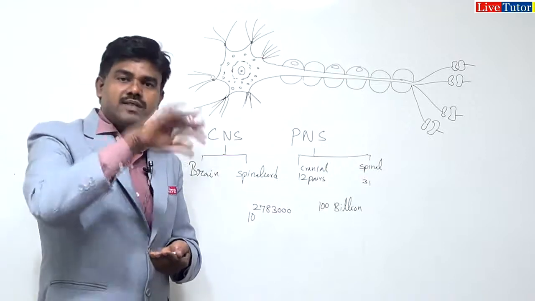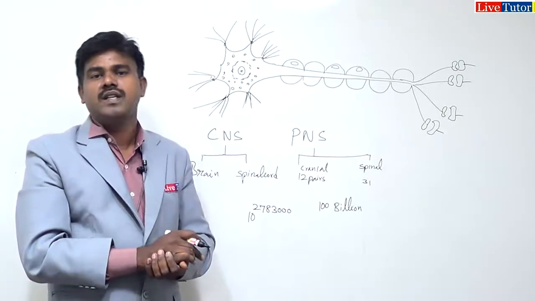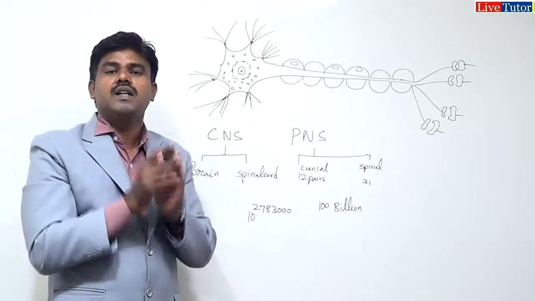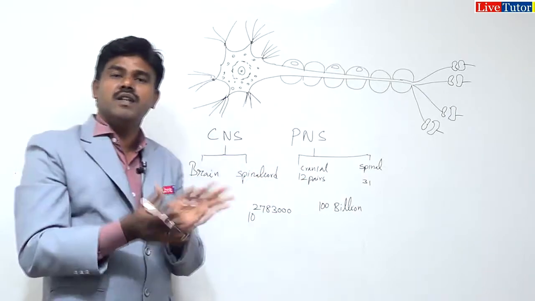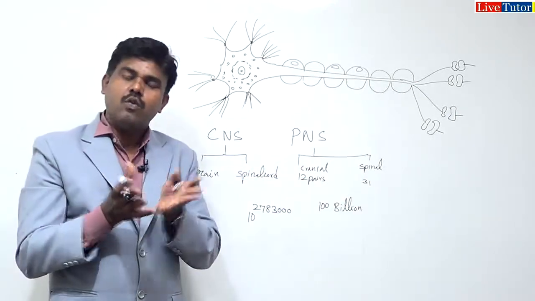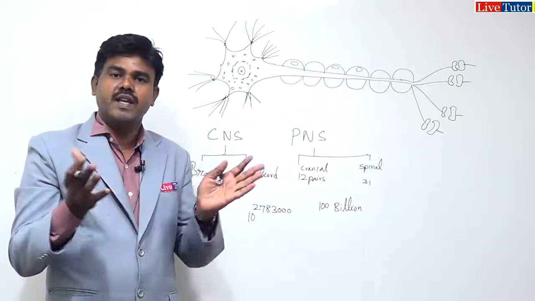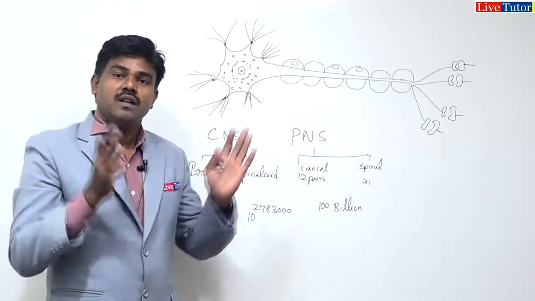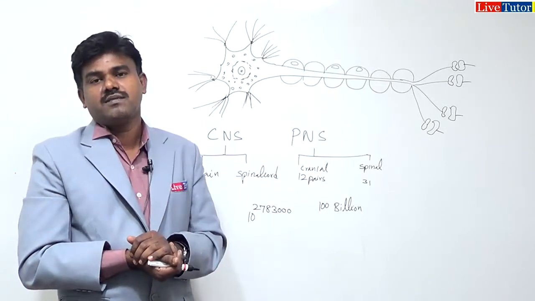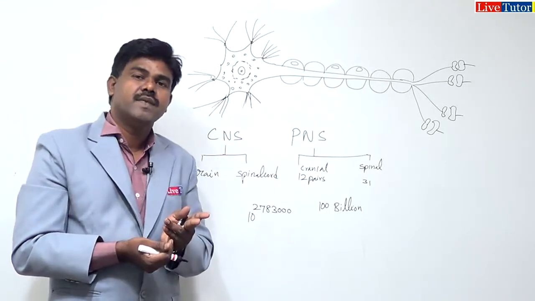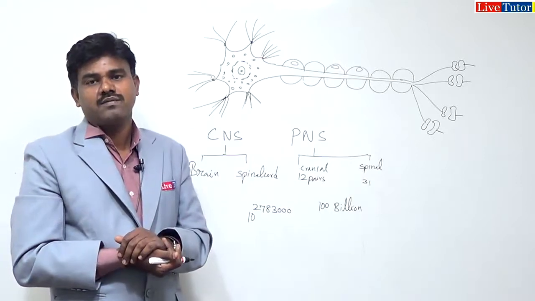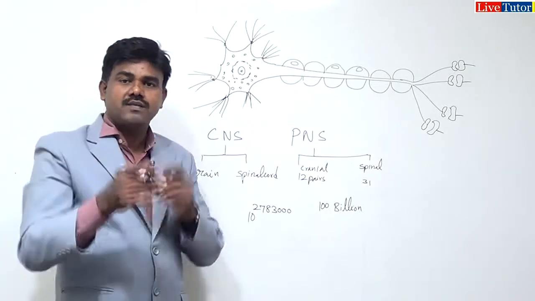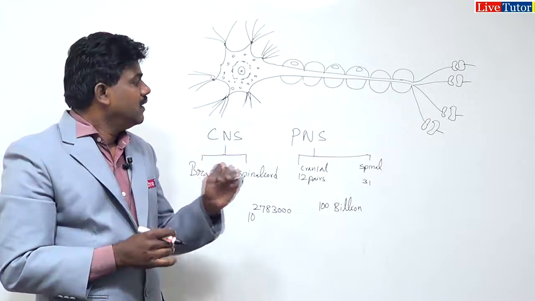Because of the folding, the cerebral cortex is made up of many convolutions. If there are more convolutions, there is more space, and more space holds more neurons, so there is more intelligence. So intelligence is related to the number of neurons and the number of foldings in the cerebral cortex, right.